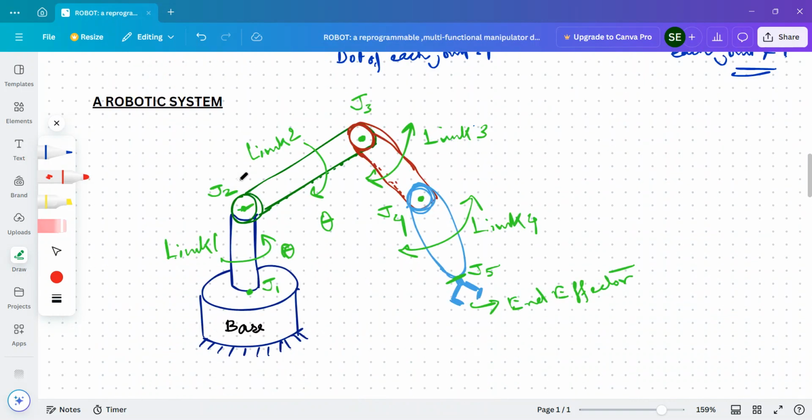This is a basic robotic system which you can see in the factories. If you are an engineering student and have gone for an industrial visit in the manufacturing sectors, then you must have seen this kind of structure in the industries. These are actually called collaborative robots.